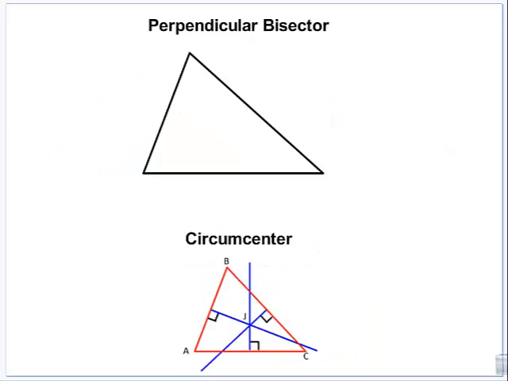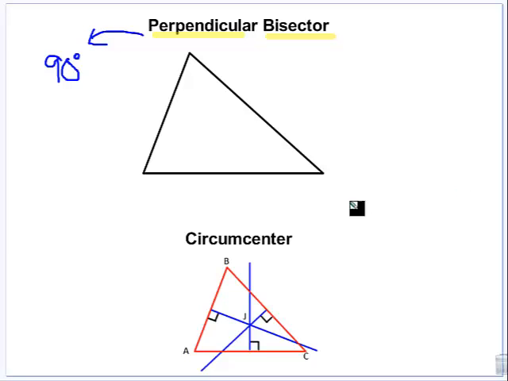Okay, another type of line we can have is a perpendicular bisector. So let's consider these two words. The first part is perpendicular, the second part is bisector. We know that the word perpendicular means 90 degrees, so the line must form 90 degrees. And bisector means it cuts it equally into two separate parts.